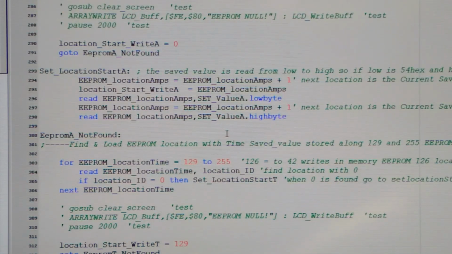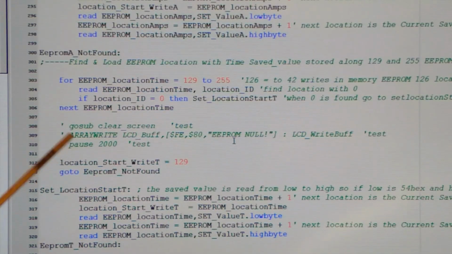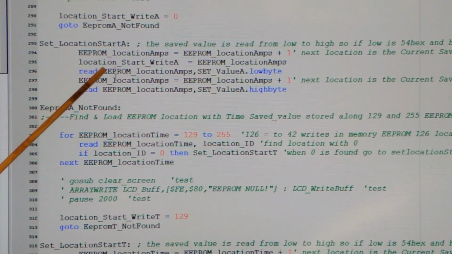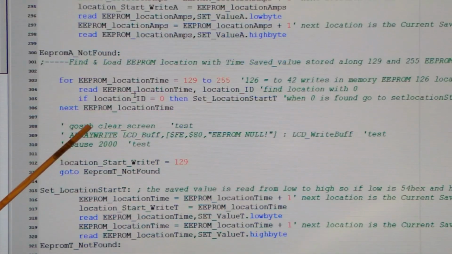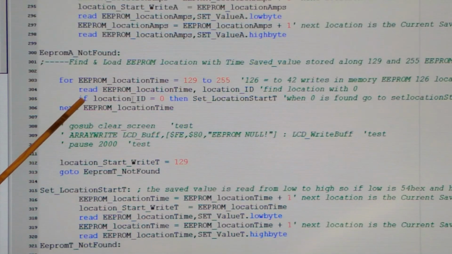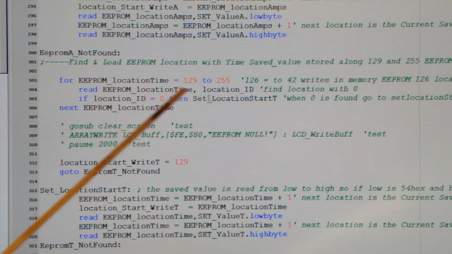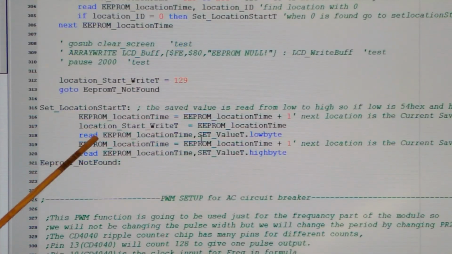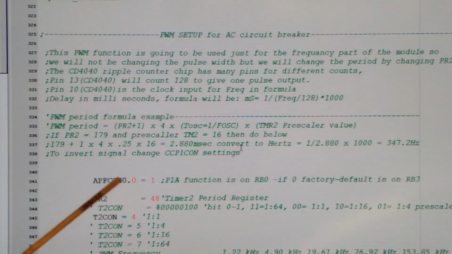Statement. So I'm loading up the memory for the current there, and then here I'm loading up the memory for the time delay from your EEPROM, and so on. That's how it does it there.